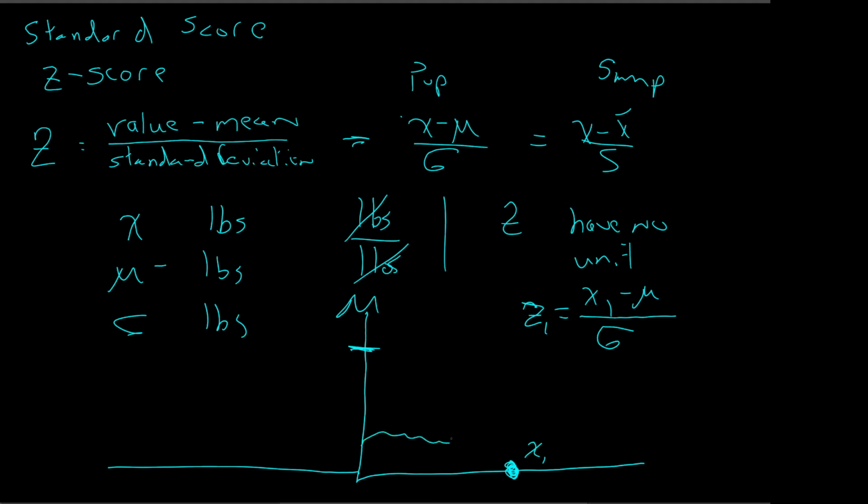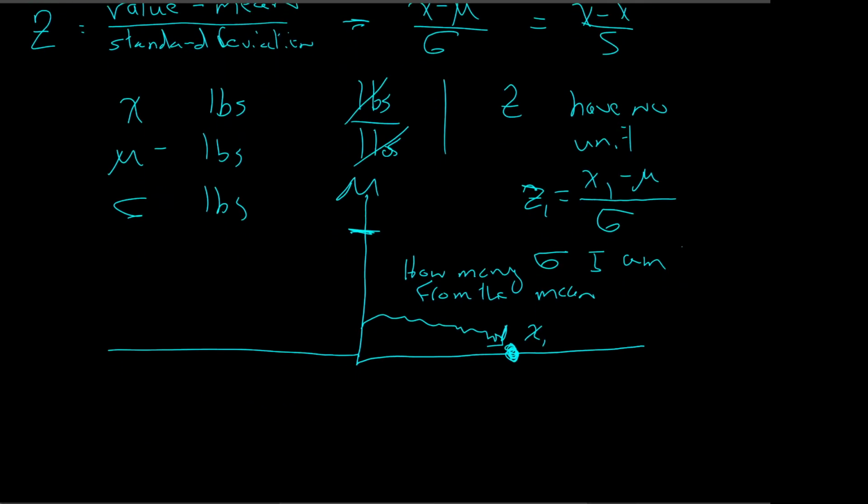Well, this would be positive, and it would tell me how many standard deviations I am from the mean. So it becomes a measure of position using the standard deviation as your measuring rod.